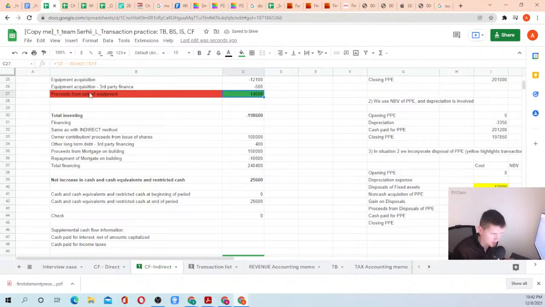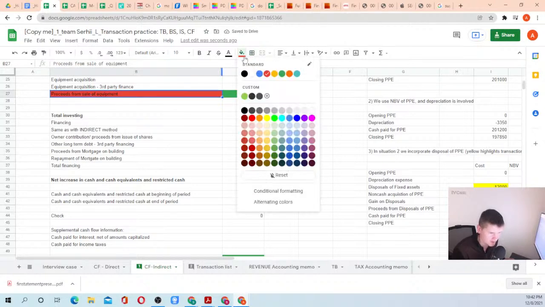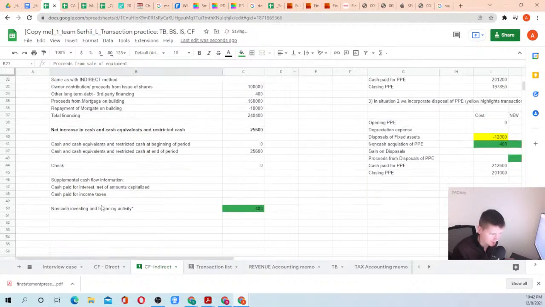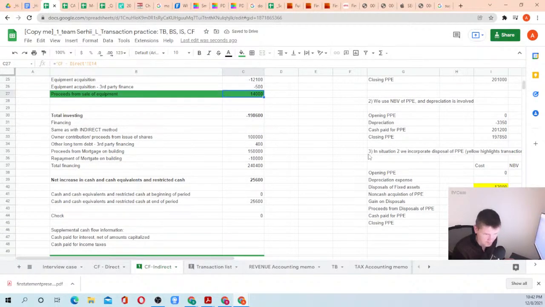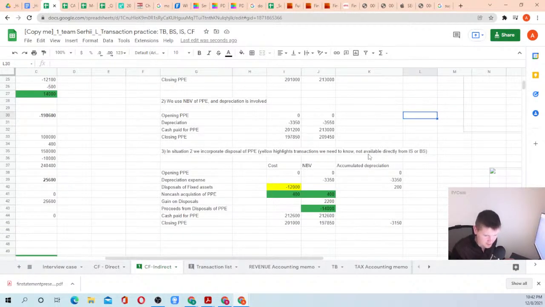So we have to show our proceeds from sale of equipment here. And we have to show non-cash financing activity here. And because we have to know these two, it is somewhat easier for us to calculate everything through net book value.